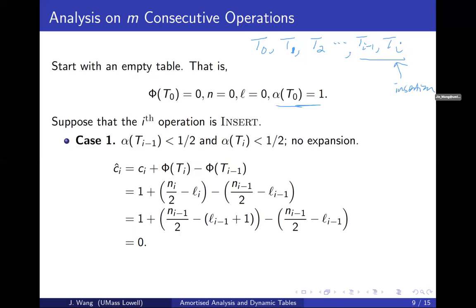Then we have to look at its earlier state, so let's look at the load factor.